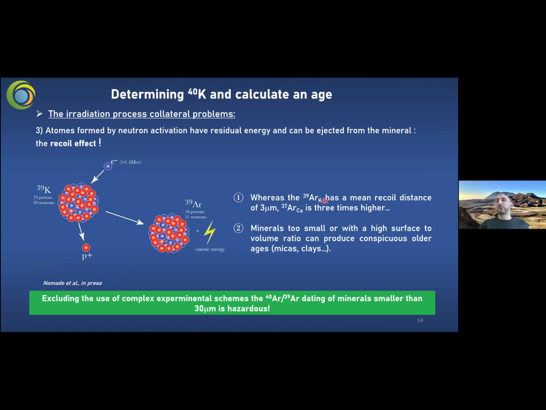So 39 argon produced from potassium could recoil as far as 3 micrometers, but the 37 argon from the calcium recoils 3 times the distance. It means that minerals that are too small or with a high volume to surface ratio can produce conspicuous older ages, like micas, clays, but also small crystals smaller than 30 microns. You cannot really date them, or you have to think about specific experimental schemes. You cannot date small minerals with argon.